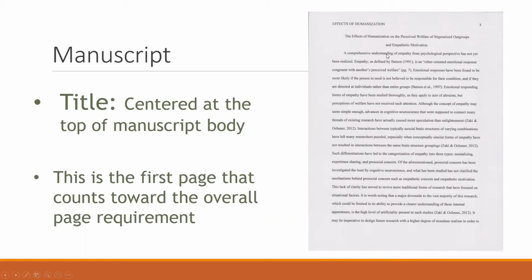We should have sources that back up claims that support your arguments. And you can use that as part of that formal sentence structure, like we see for Batson 1991, or something removed from the sentence structure. It shows up at the end of the sentence. Emotional responses have been found to be more likely if the person in need is not believed to be responsible for their condition, and if they are directed at individuals rather than entire groups.